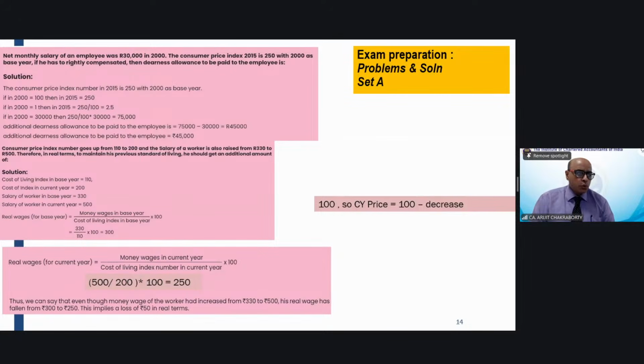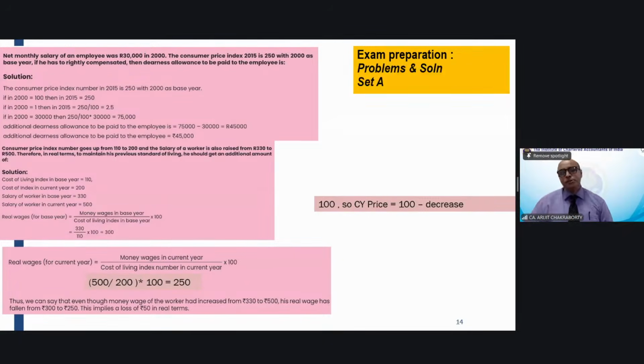So even though his wage has increased from 330 to 500, this is the nominal wage. Nominal wage was 330 and has been made 500. But in terms of real wage, in the base year his real wage was 300 rupees. But in the current year his real wage has decreased. It has become 250.